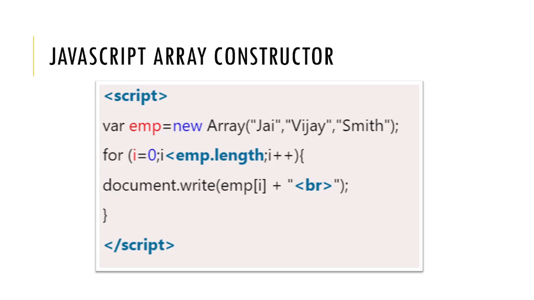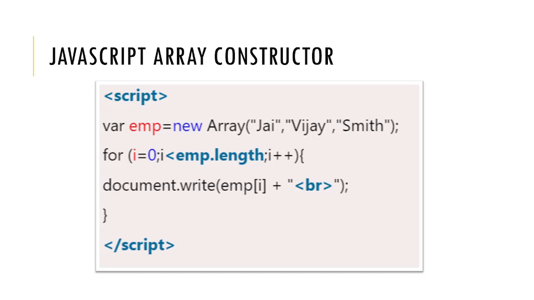The further statements display the elements of the array: the index always starts with 0 till the length, printing the elements. Whenever you access any element of an array, use the array name followed by the index within square brackets. So these are the three methods we commonly use to create an array.